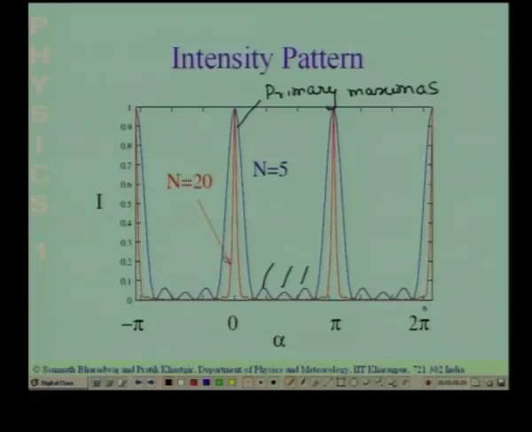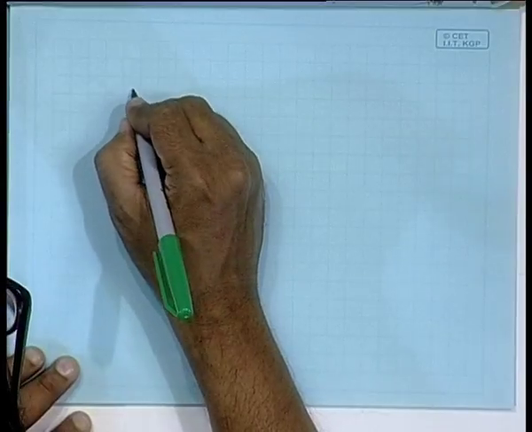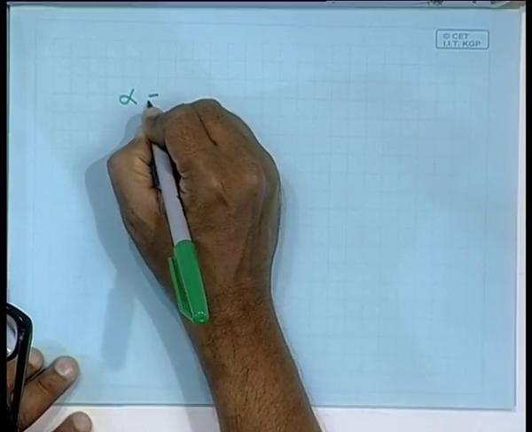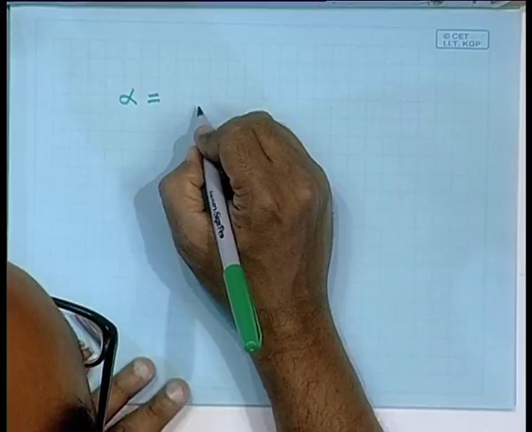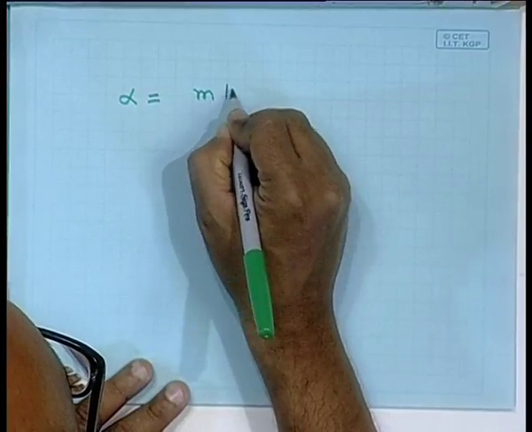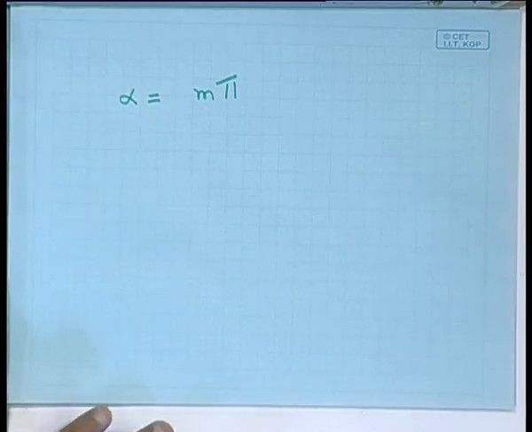Let us now estimate the width of the primary maxima. So, the primary maxima occurs whenever alpha is equal to a multiple of pi. So, let us say that it is equal to m pi. m is called the order of the maxima.